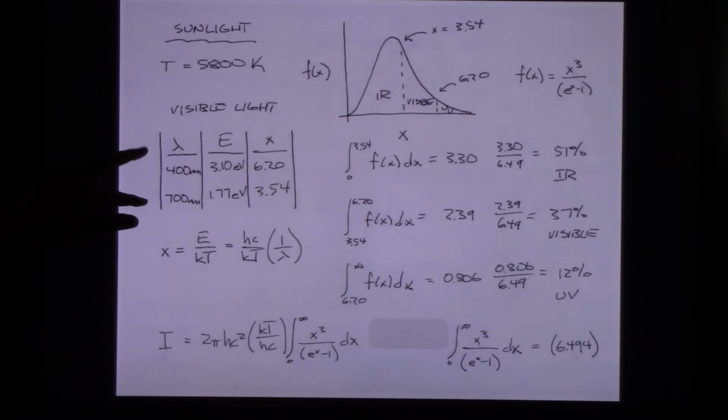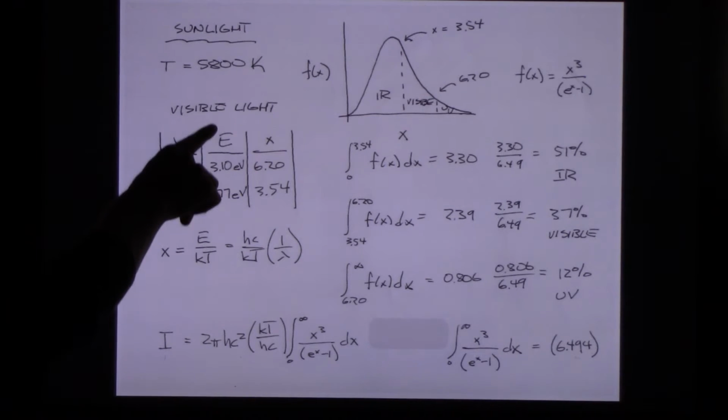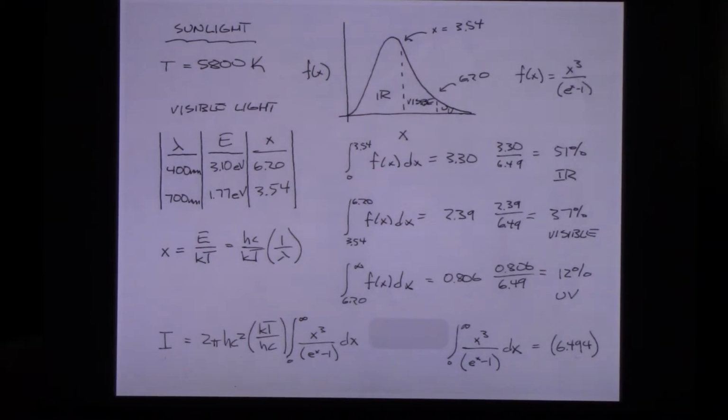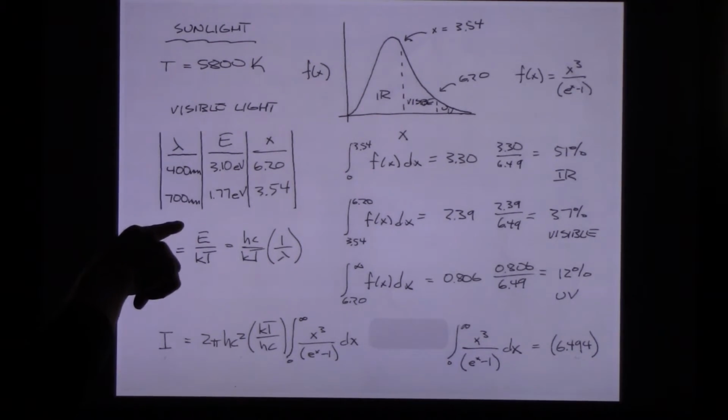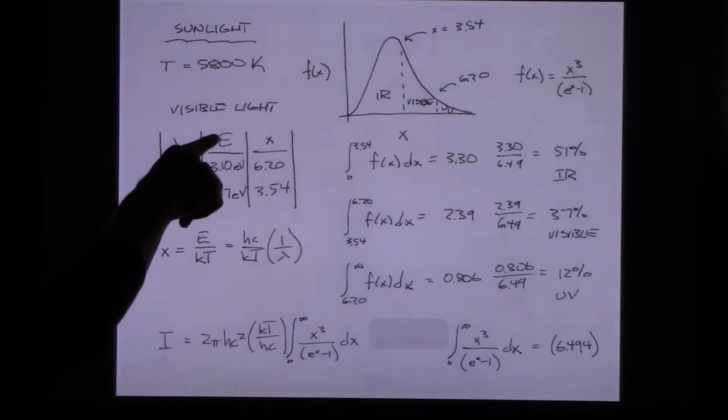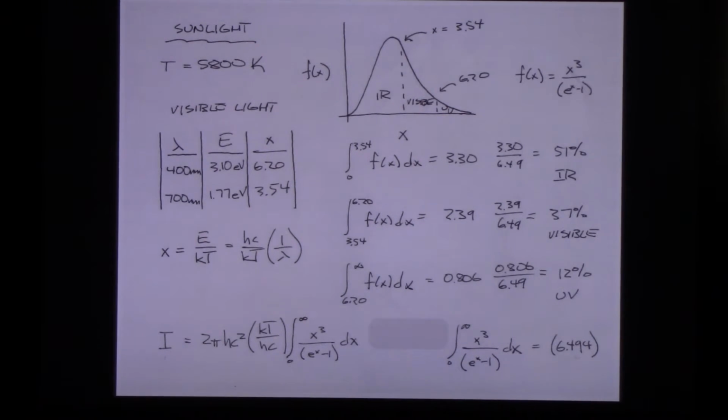If I take the boundaries of visible light we've been saying runs from 400 to 700 nanometers, I can convert that to energy. So we're kind of through with the 400 to 700 nanometer stuff. I want to start thinking of visible light as consisting of those photons with energies between 1.77 and 3.10 eV.